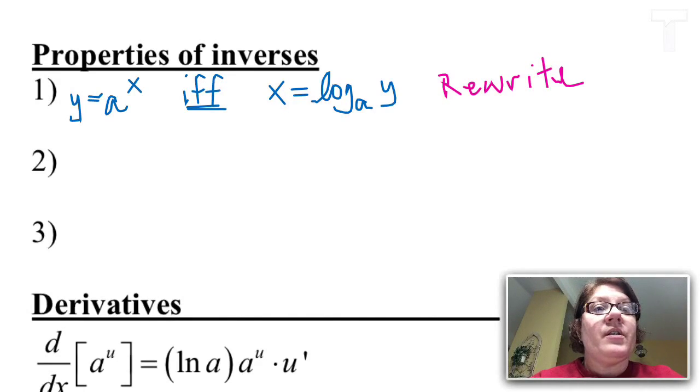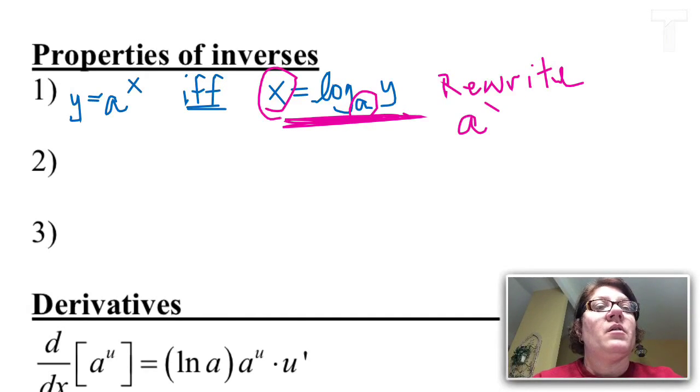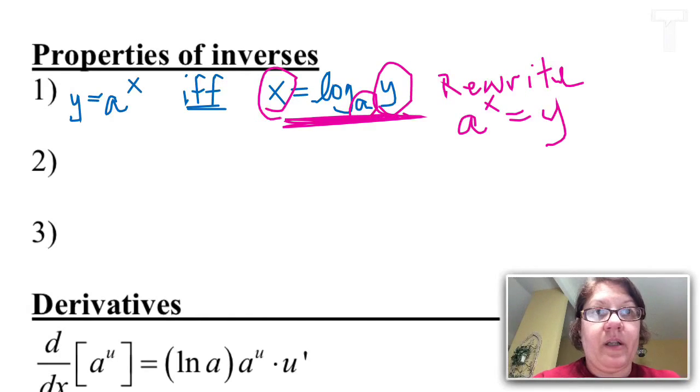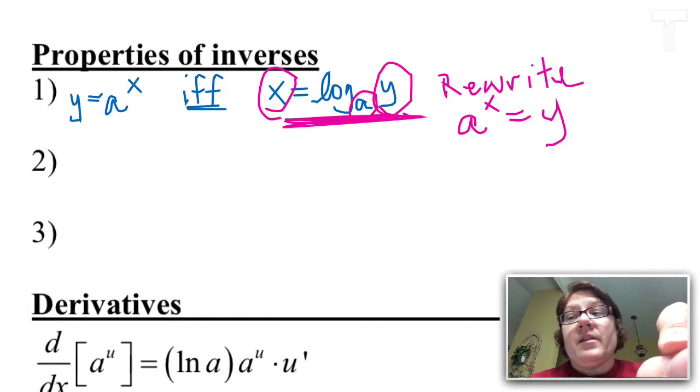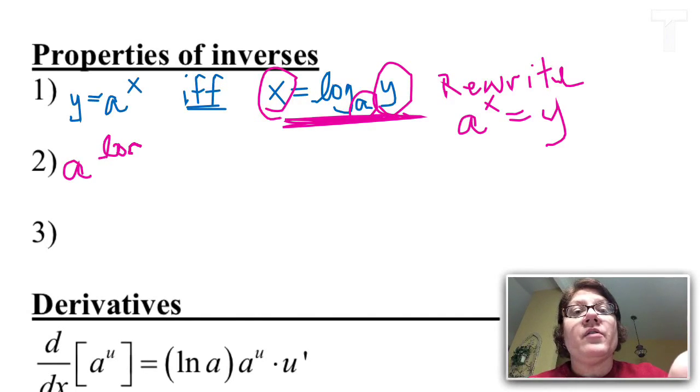This version's a little easier to tell that with, because of course if I put it back in exponential form, oh, there's the base, here's the exponent, and then this is the answer, and voila, I have what's on the other side. Second rule, I'm calling this the Torres rule of disappearing.